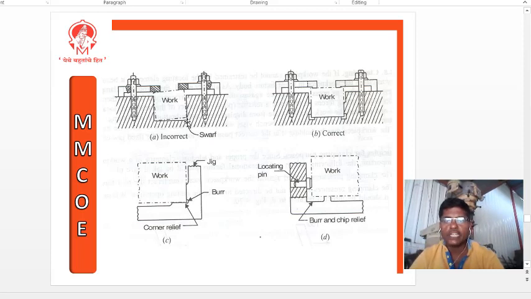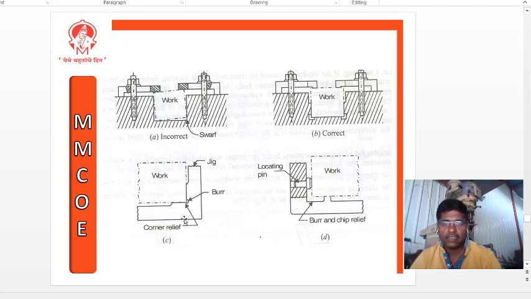To avoid this, what I have to do is provide some recess like this, from the top and bottom, so that the maximum but optimum clamping or locating can be achieved. This is the incorrect method, which doesn't have any type of recess. So here we can provide some recess so that the job can be fixed at its given location and position.